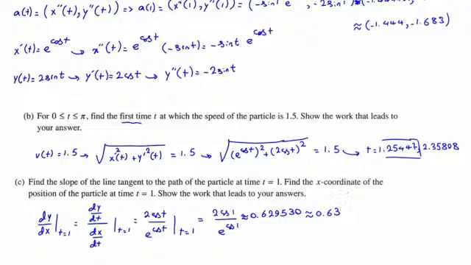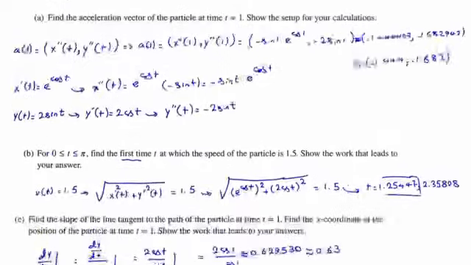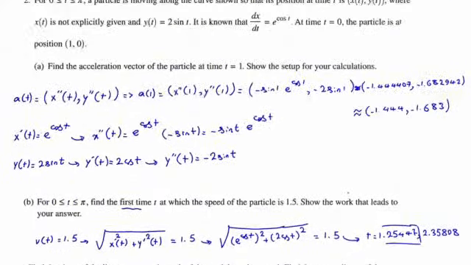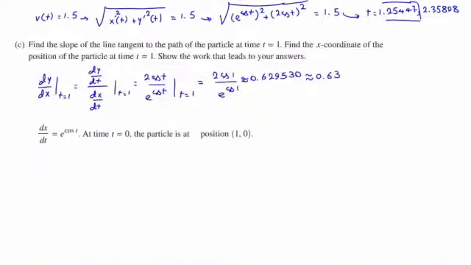Then it says find the x-coordinate of the position of the particle at time t1. We don't have x of t, but we have dx/dt. You know, dx/dt is e to the cos t, and also at time t equals 0, x is 1, y is 0. So we know x prime is this, and we know x of 0.